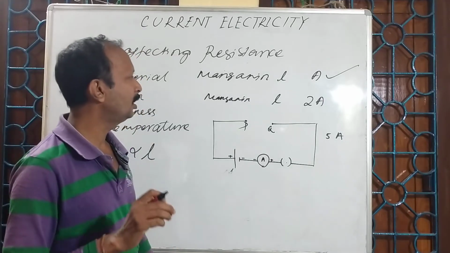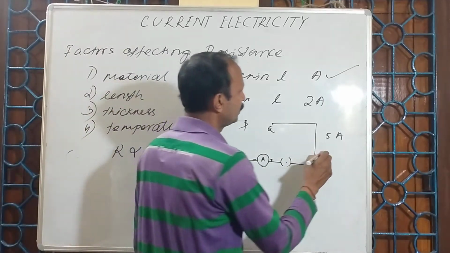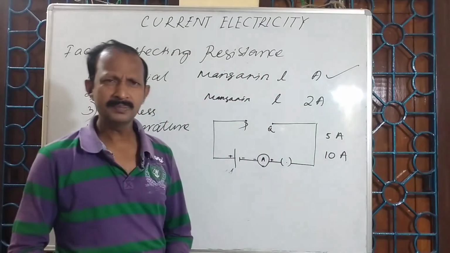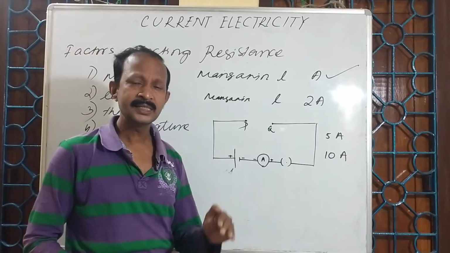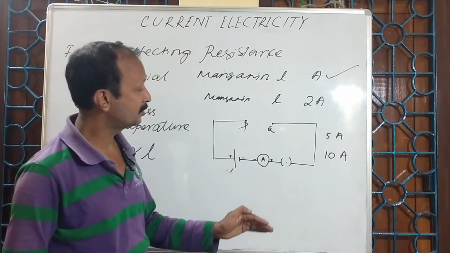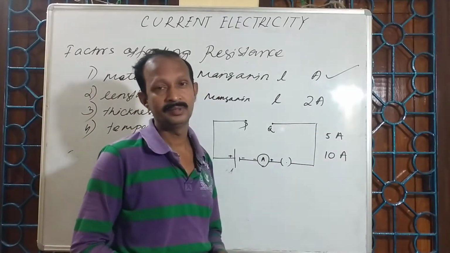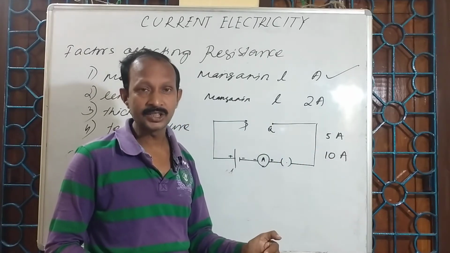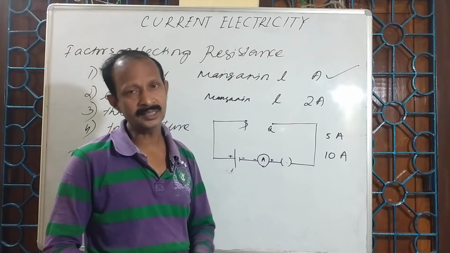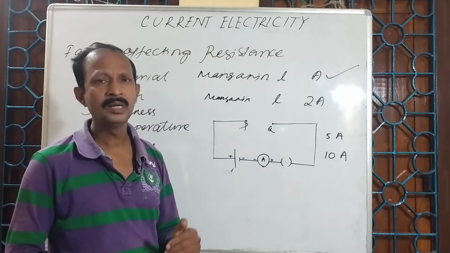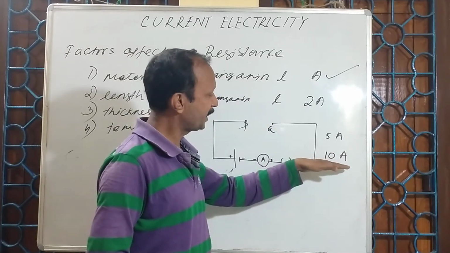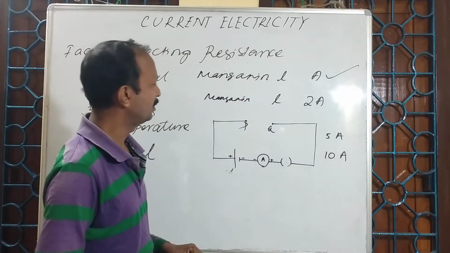For example, you got 10 ampere. What does it mean? It means that in the second case the resistance decreased. Current increased means resistance decreased, because resistance and current are inversely proportional.